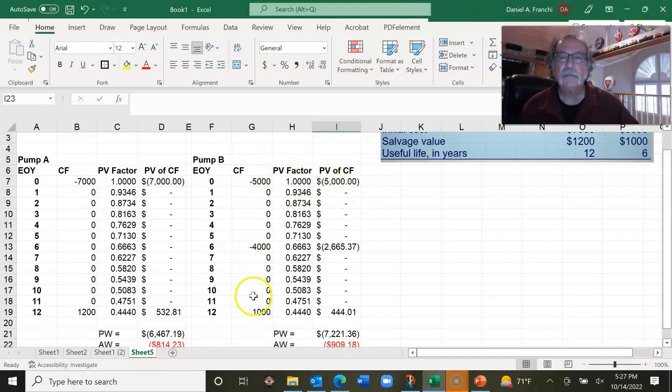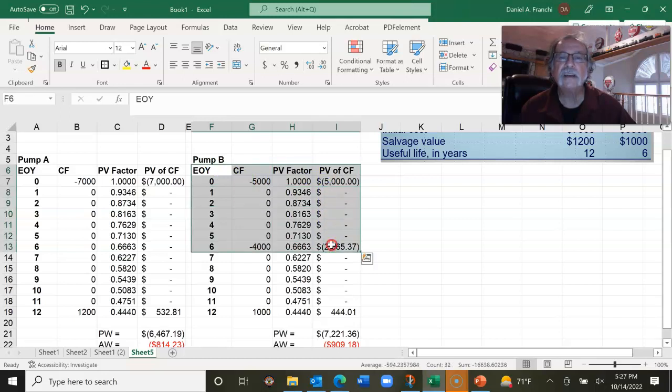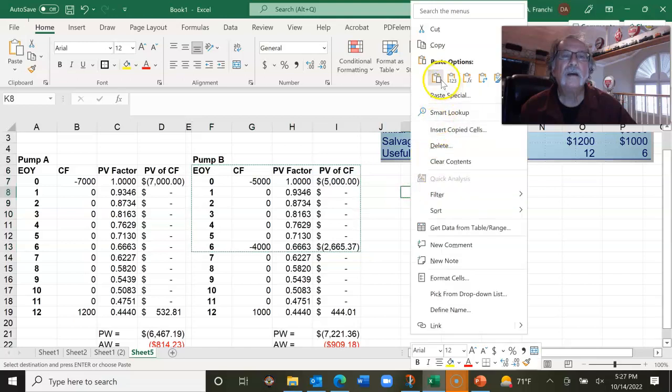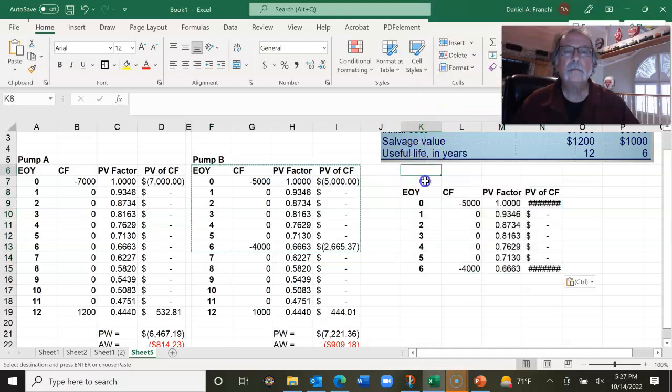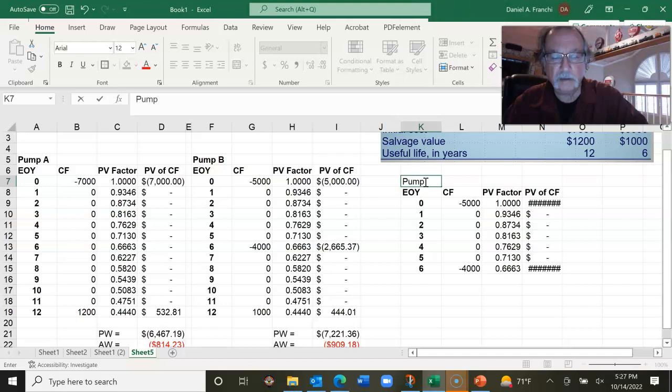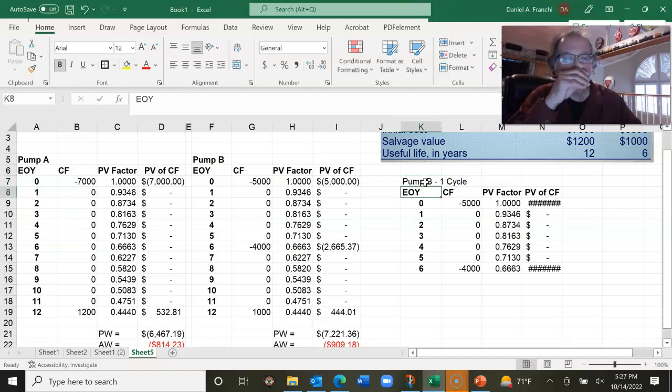We're assuming repeatability, and this is the power of doing a project with annual worth, doing an analysis. So let's just take one cycle on pump B. So this is what it's going to look like.